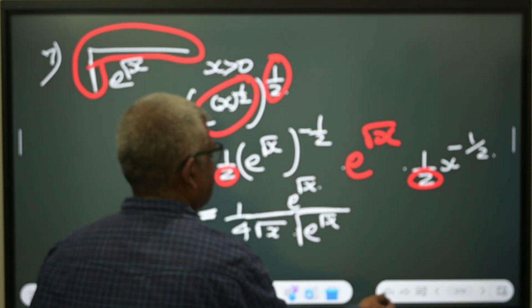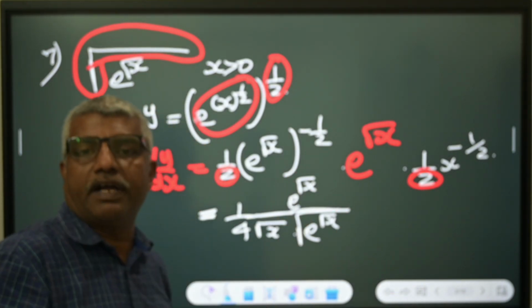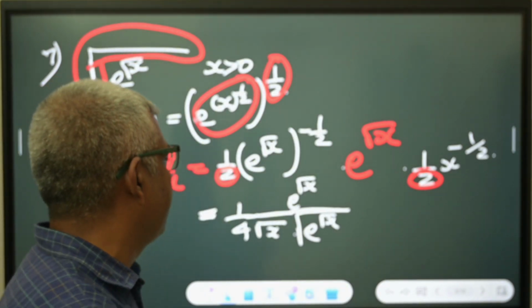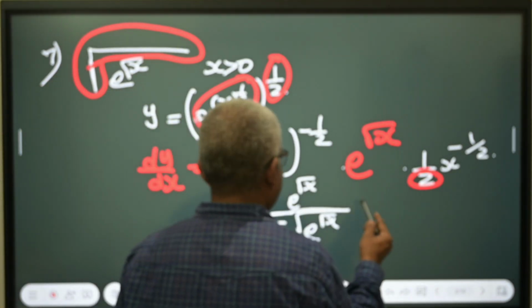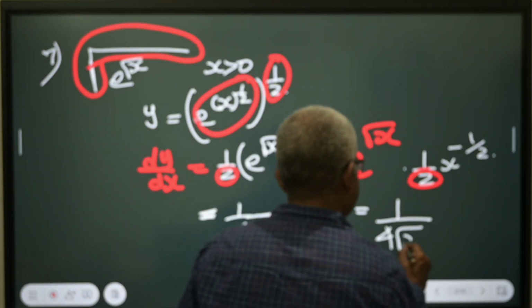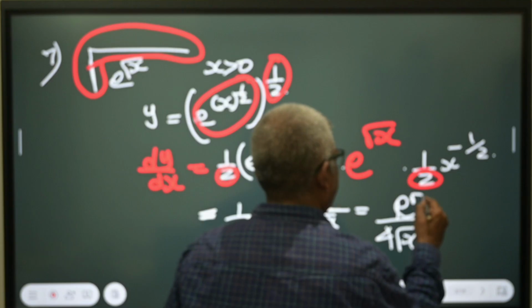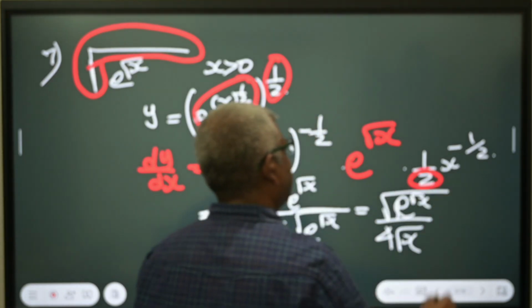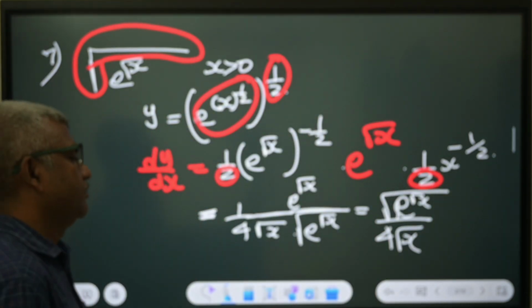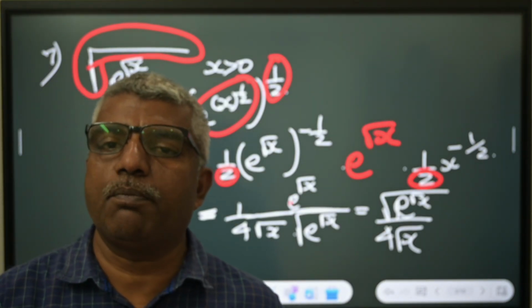So please see here. Okay, e power root x divided by square root of e power root x will be 1 by 4 root x e power root x square. Understand? E power root x divided by square root of e power 2x.